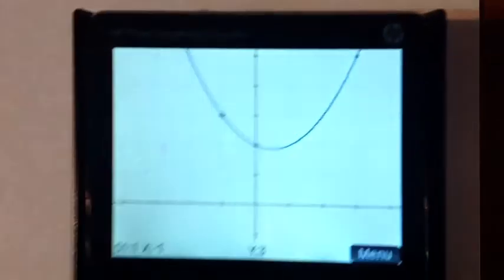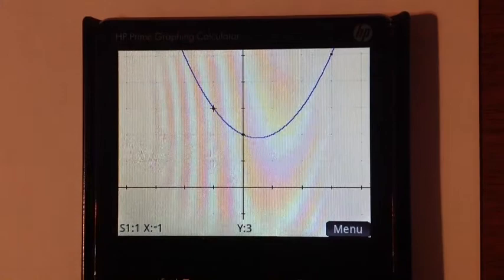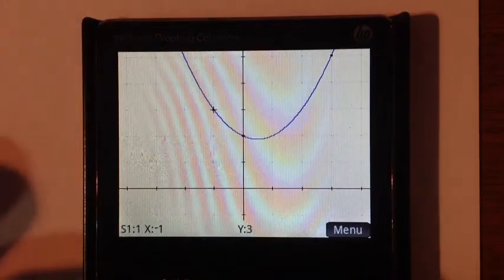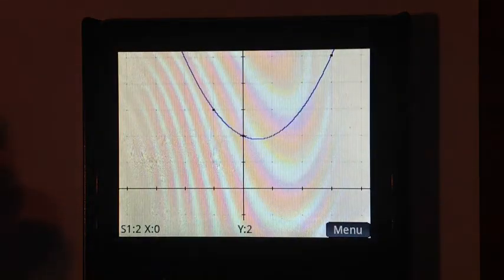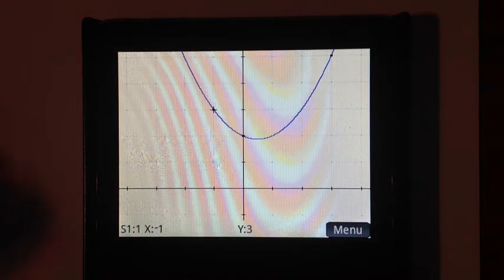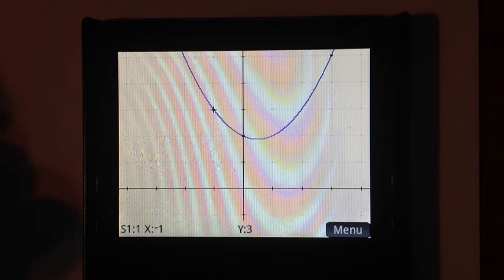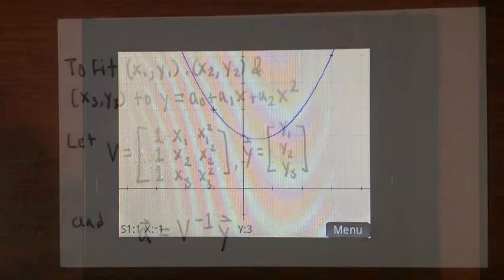And here is a graph of that equation, and as you can see, the 3 points, -1, 3, 0, 2, and 3, 5 fit perfectly on the equation y equals 2 minus 1/2 x plus 1/2 x squared.